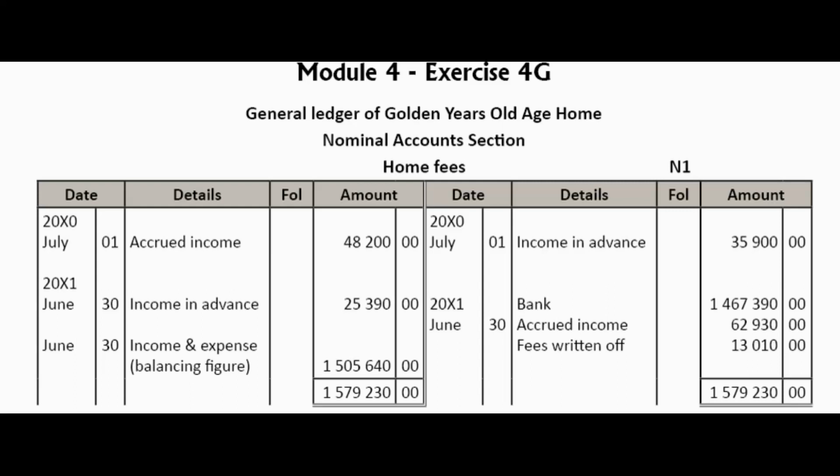So what we'll do is just add the debit side, add the credit side, see what is the difference. And that balancing amount is the amount that you will transfer to your income and expenditure account. All right. If you add debit side, add credit side, the difference is 1,505,640. And that is the amount that will be transferred to your income and expenditure account.